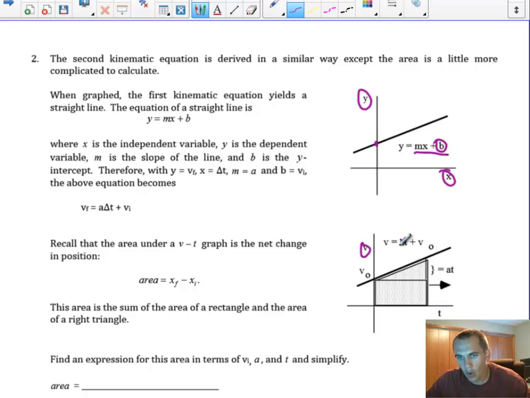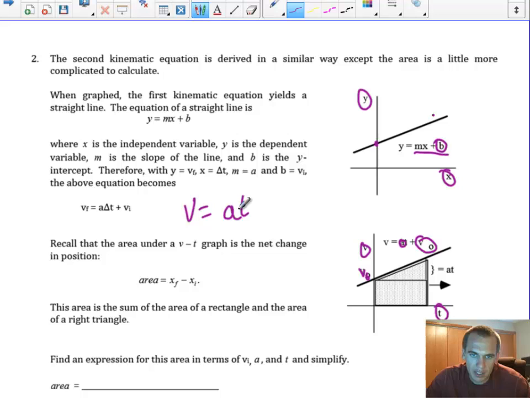Well, m is our slope, which is acceleration, right? The slope of a velocity time graph is acceleration, times x, but our x variable is t, plus our y-intercept. Well, that's where it started. That's our velocity at the beginning, or v naught. Okay, so the equation of this line is really v equals acceleration times time plus v naught.